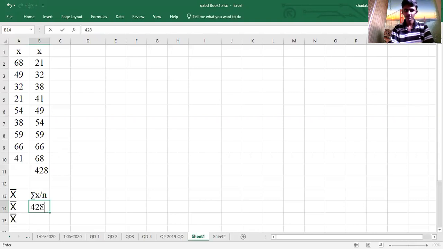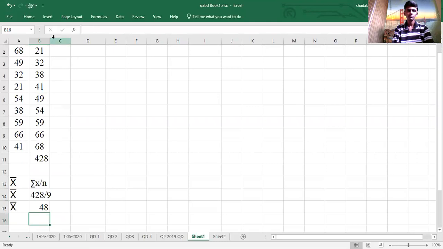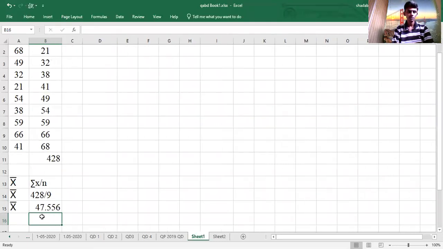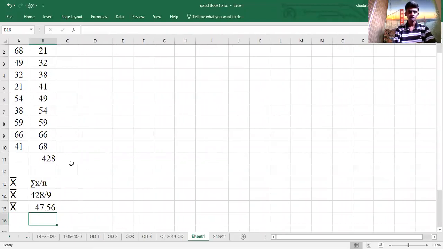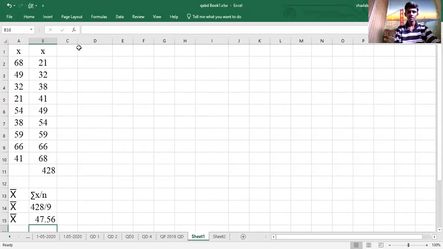So 428 divided by the total number of observations, that is n, 1 2 3 4 5 6 7 8 9, divided by 9. The value we will get is 47.556, or I will take two digits, 47.56 as x bar. Now we know the x bar value.